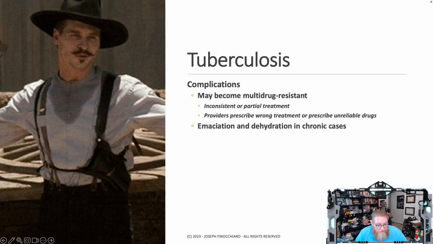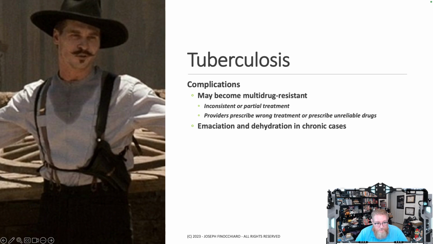Complications: tuberculosis can become multi-drug resistant, and this is typically a result of inconsistent or partial treatment. Providers prescribe wrong treatment or prescribe unreliable drugs. When you are given a diagnosis of tuberculosis and you are told to use your medications in a certain way, you must continue with the medications until they are concluded, not when you start feeling better.